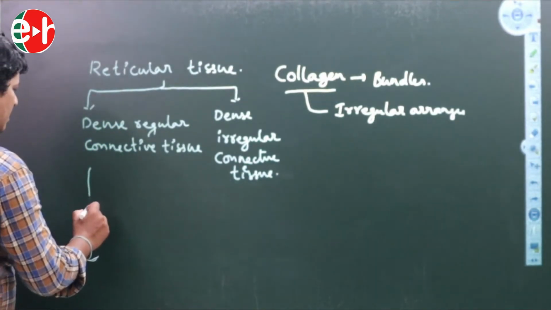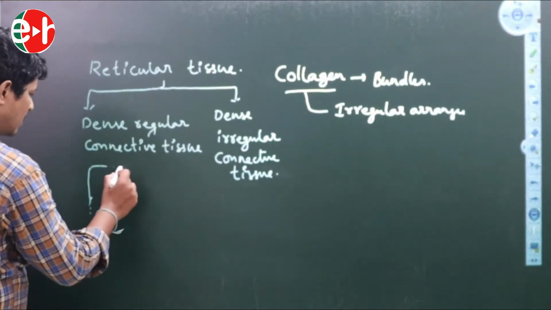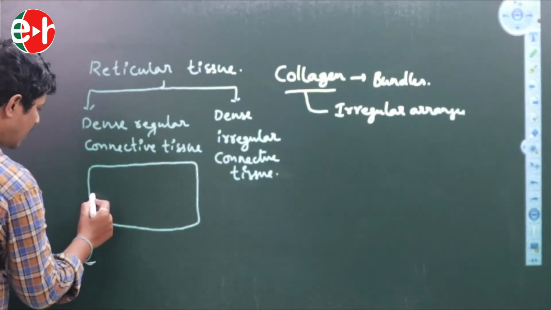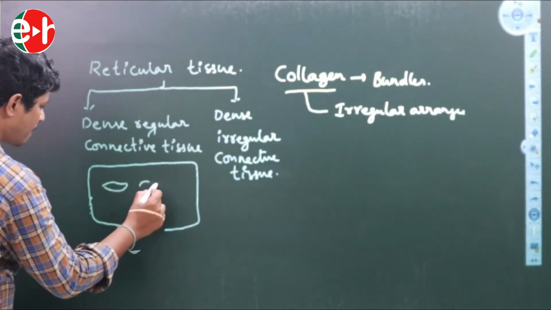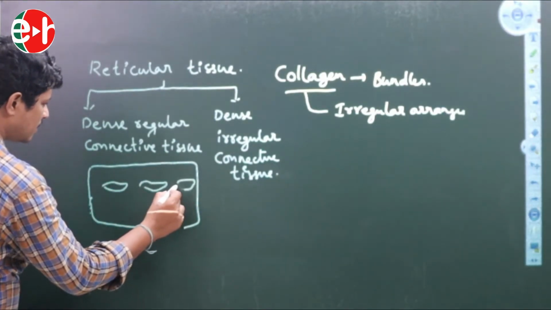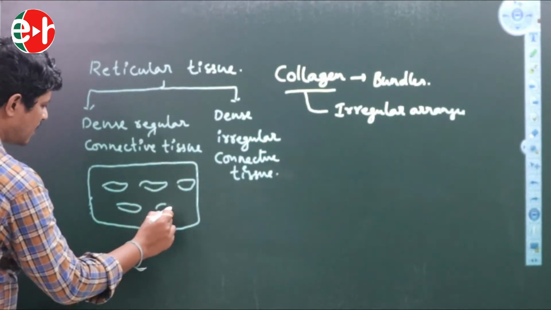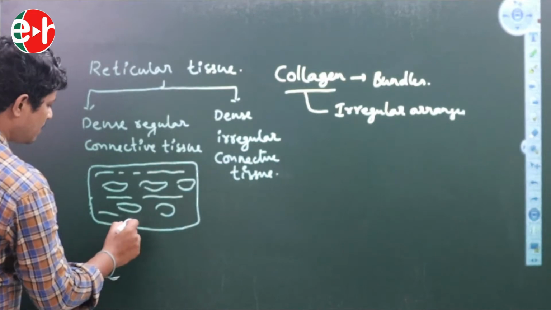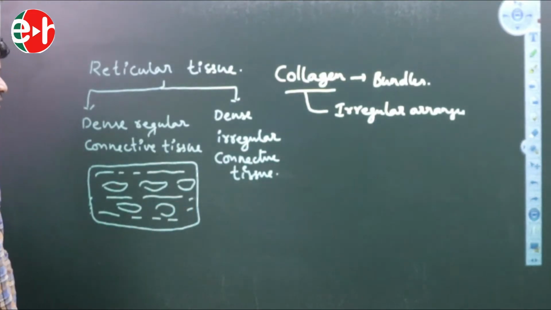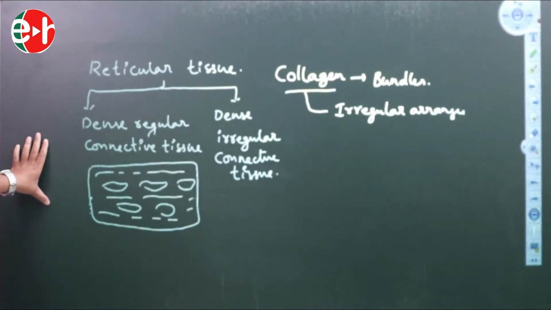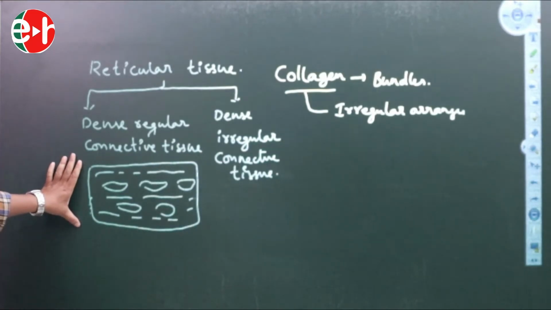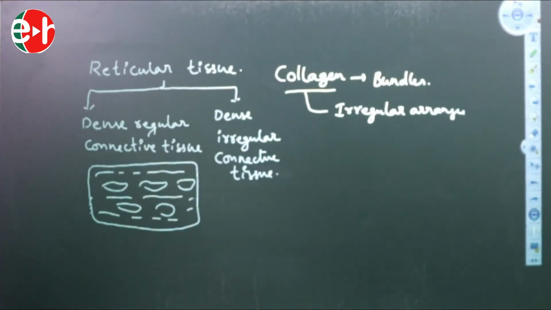In the dense regular connective tissue, the collagen fibers are arranged parallelly. This type of tissue is called dense regular connective tissue.